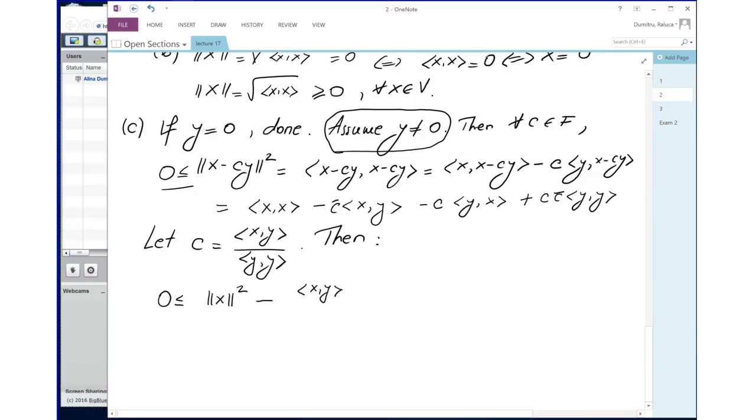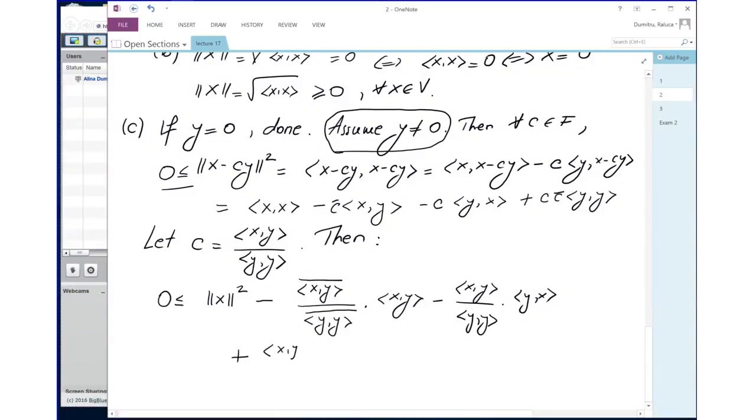Well, it's the complex conjugate of the inner product between x and y divided by the conjugate of the inner product of y and y, times the inner product between x and y, minus the inner product of x and y over the inner product of y and y times the inner product of y and x, plus c bar times the inner product between y and y.